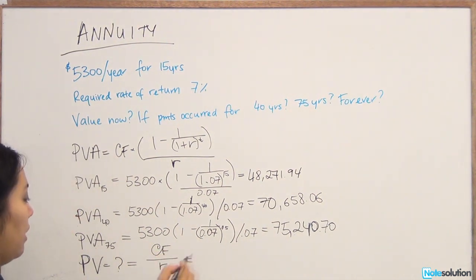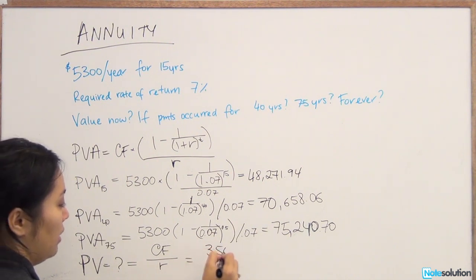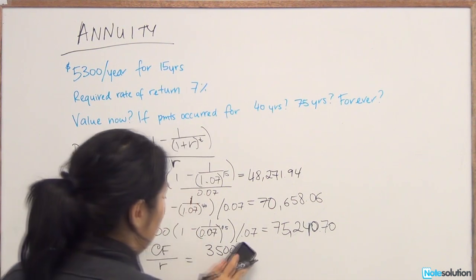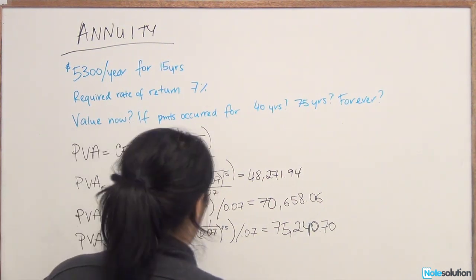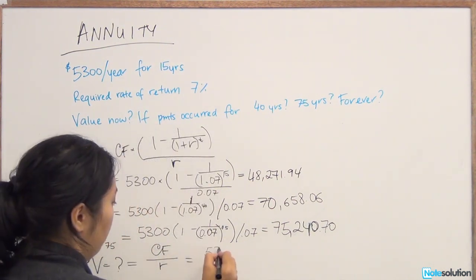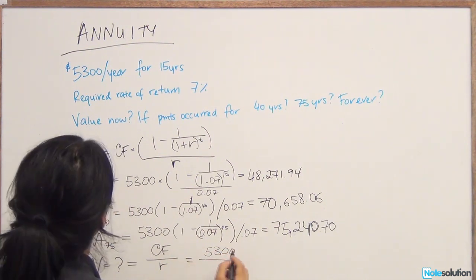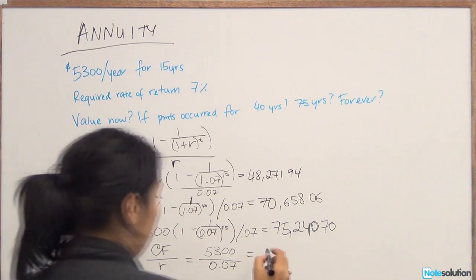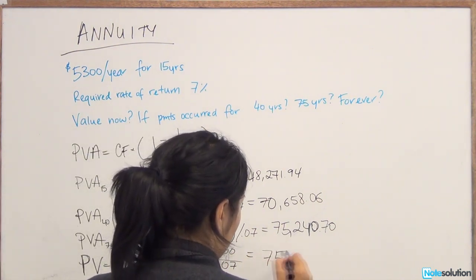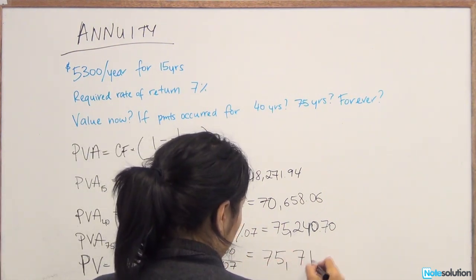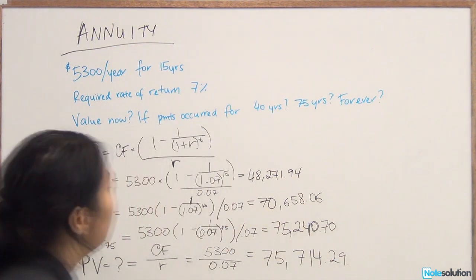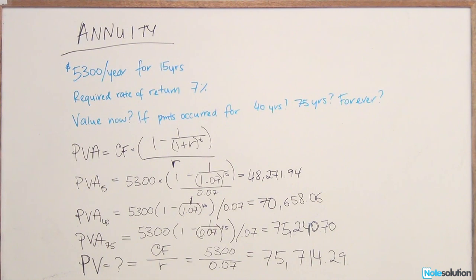And once you plug in the cash flows and the interest rates, this is 5,300 divided by 0.07. Your answer is 75,714.29.